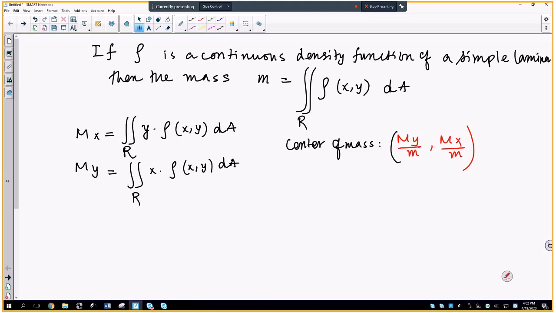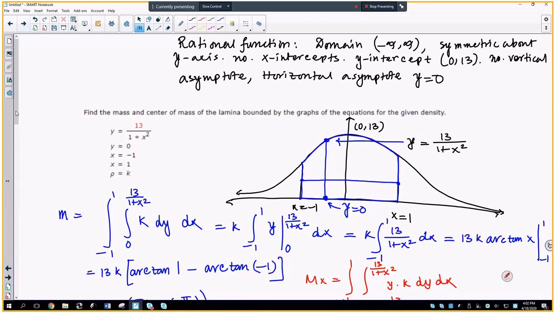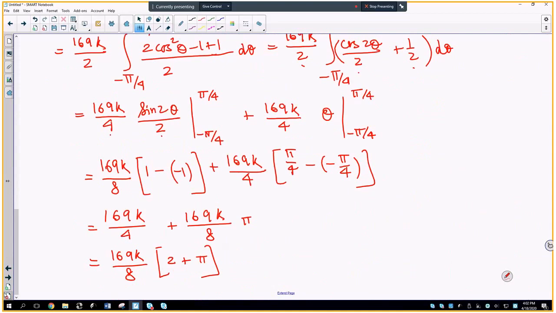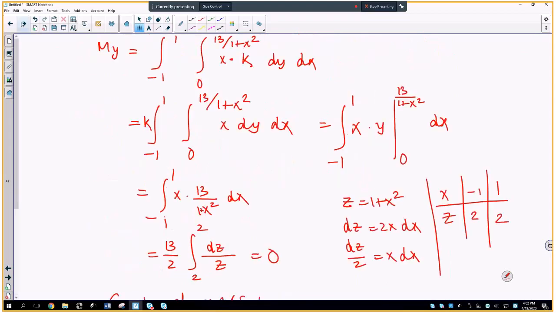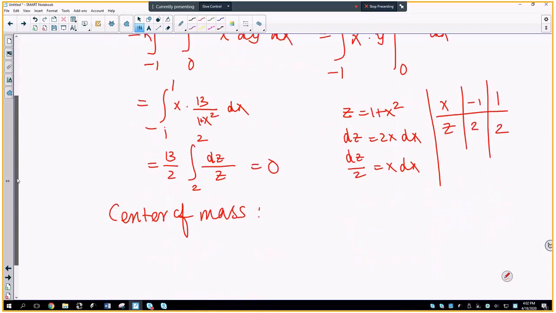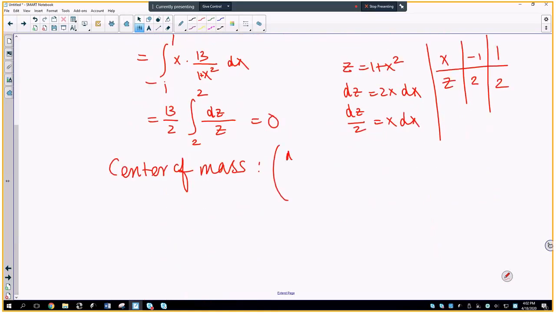So now I can go ahead and say that using this formula, as I know the mass of this lamina is 13 k pi over 2, the center of mass for this lamina is going to be given by, let's see, remember this is my over m comma mx over m. As we found out, my is 0, so this is 0 over m, and m was 13 k pi over 2.